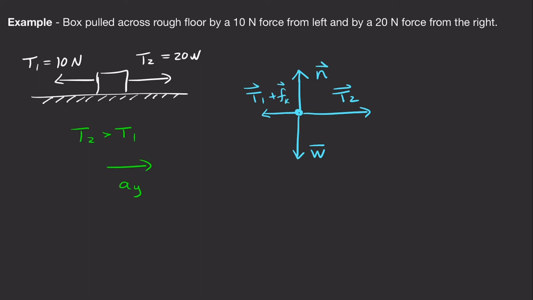Some people draw a separate arrow. If they have two forces in the same direction, I like to just put T1 plus friction, or my forces added together. To me, that helps keep it from getting cluttered. There are cases where you may have three forces in the same direction, and that is really hard to see if you draw three arrows right side by side.